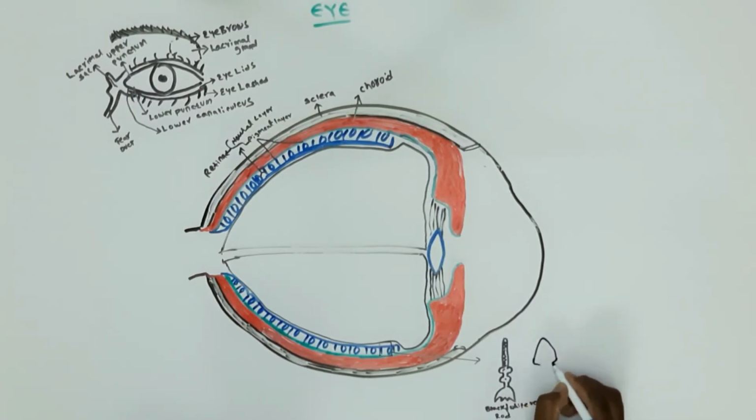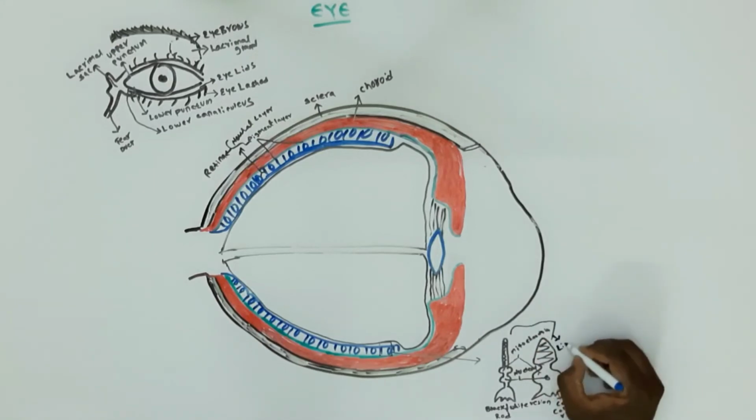Next we are seeing the cones. Cones are stimulated by brighter light and produce color vision. There are three types of cones in our retina: blue cones, sensitive to blue light; green cones, sensitive to green light; and red cones, sensitive to red light.